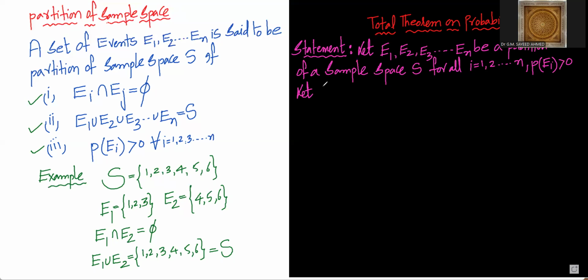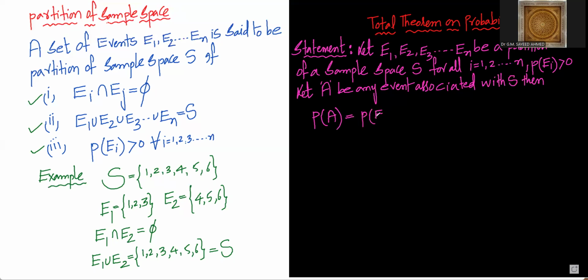In your syllabus, total theorem on probability is specially mentioned separately. Let A be any event associated with S. Then you have to prove that probability of A is equal to probability of E1 into probability of A given E1.